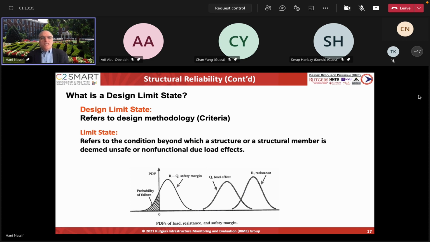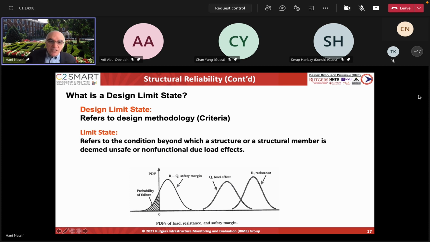Sure. So for the limit state, I think the understanding of what is a limit state. Now you understood the background of the statistical information, how we dealt with the load, how we deal with the resistance. Once we have the statistics, you are able to find the loads. If we draw the probability density function of the resistance, and then compare the two, if you take the resistance minus the load, that will be your reserve, your safety.